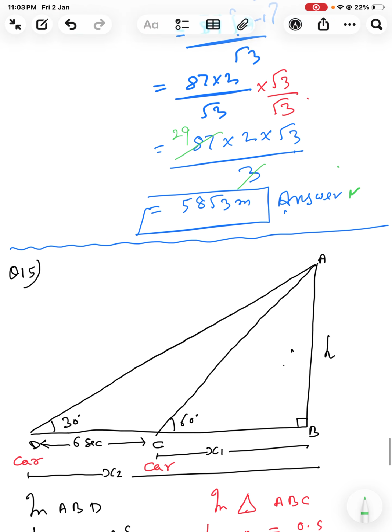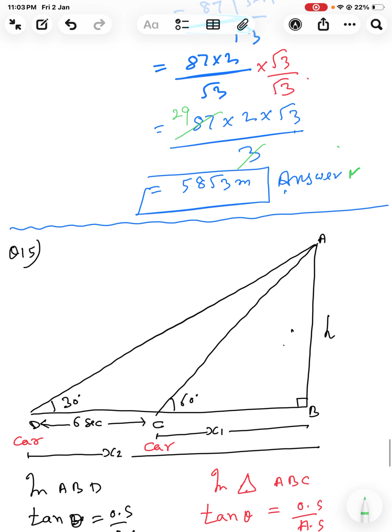Question 15. A national highway routes to the tower and a car is approaching the tower. When its angle is 30 degrees, in 6 seconds the angle changes to 60 degrees.